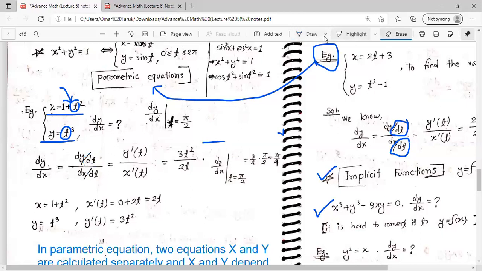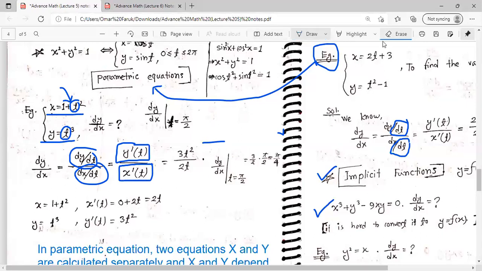It will make dy by dt and dx by dt, or we can call it the derivative of y with respect to t and the derivative of x with respect to t.